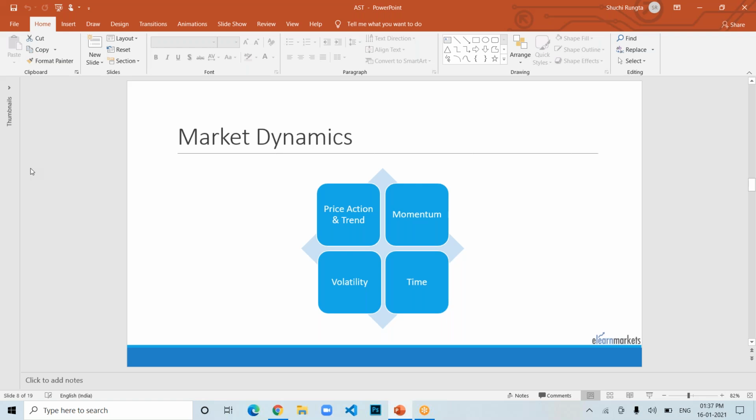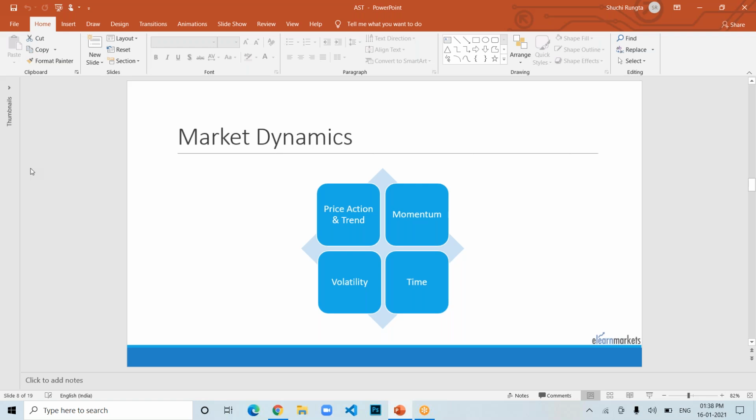Once you understand the psychology, the quality of your analysis will automatically improve. So we need to understand that the market is based on four important pillars, or if we say price, bhav. भाव के पीछे क्या है, the four important pillars which we need to understand before we take up a trade.